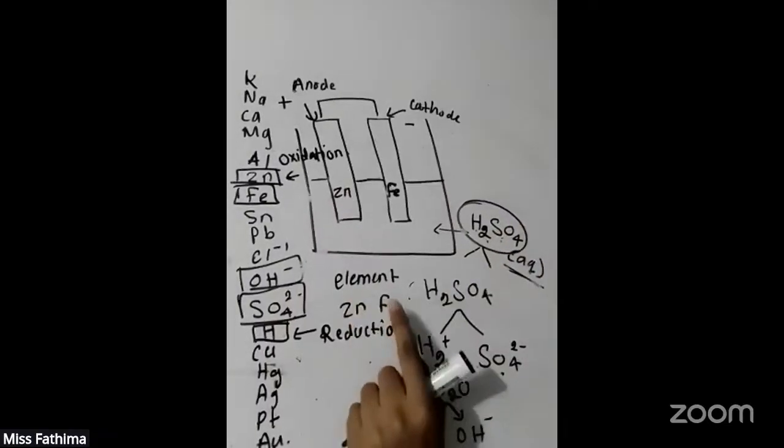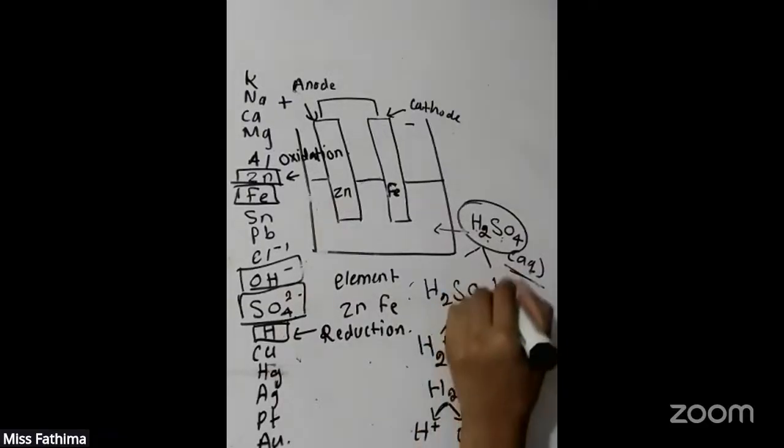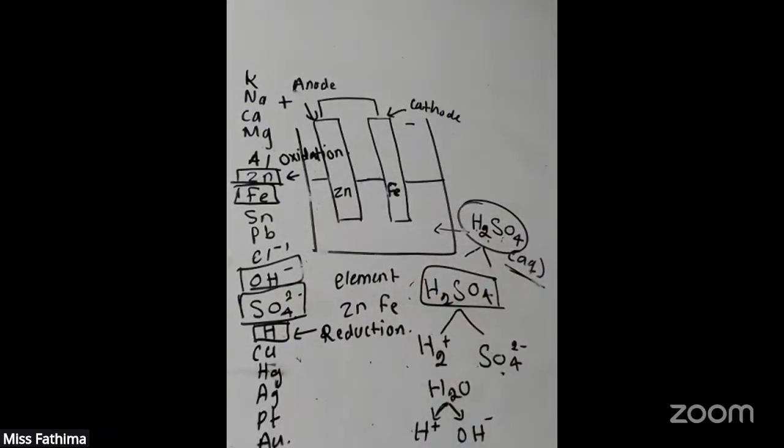Zinc and iron are the elements. A compound is made of a positive and a negative ion. H2SO4, which is sulfuric acid, if it breaks down, will produce H+, the hydrogen ion, and the sulfate ion. H2SO4 is a polyatomic ion.